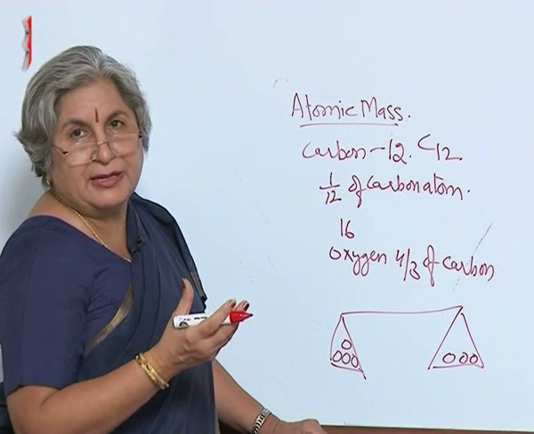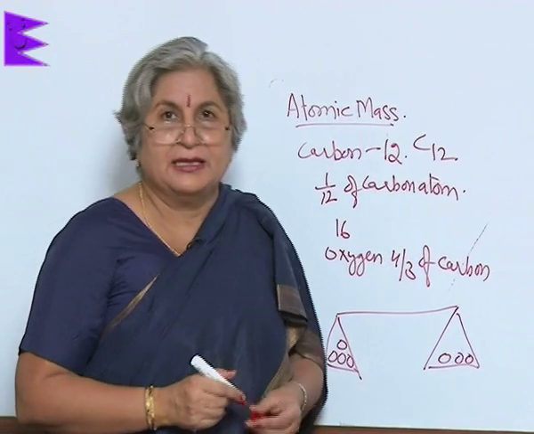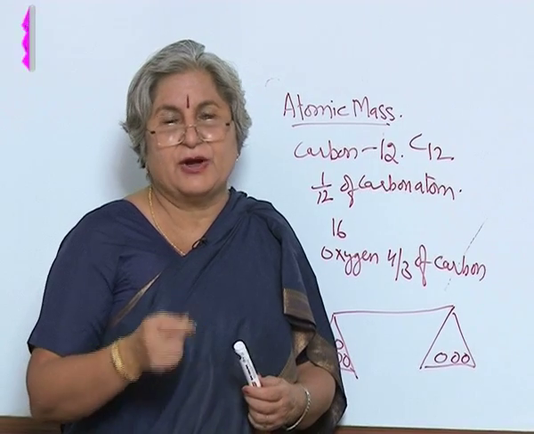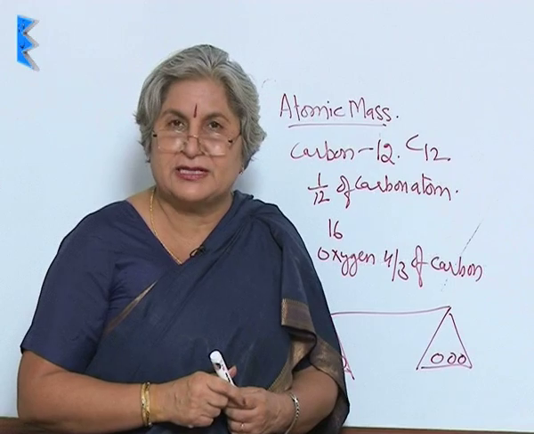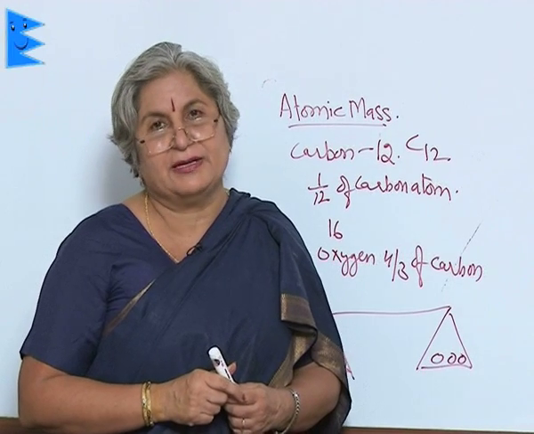So, then they become equal. Like this they were able to work out the atomic mass of all the elements. The atomic mass of oxygen is 16 and that of carbon is 12.